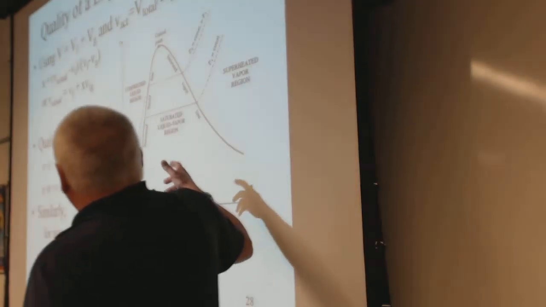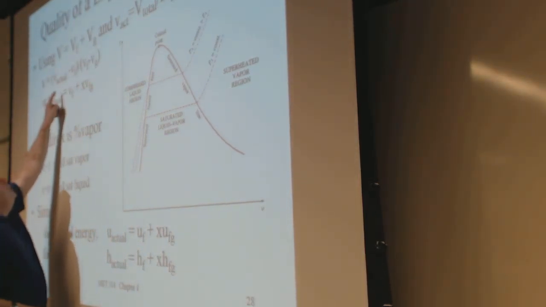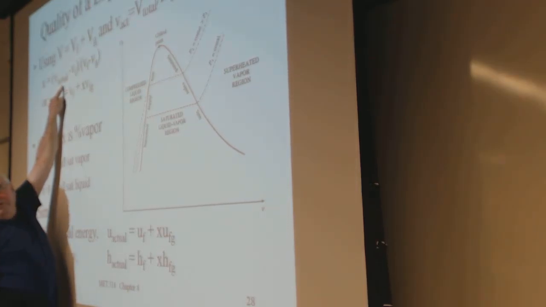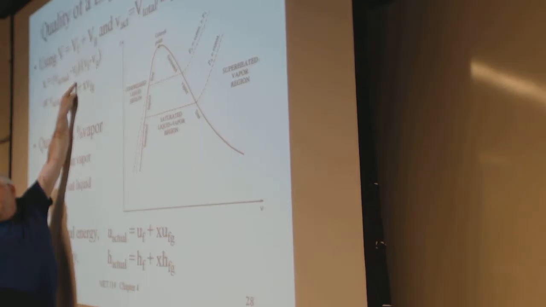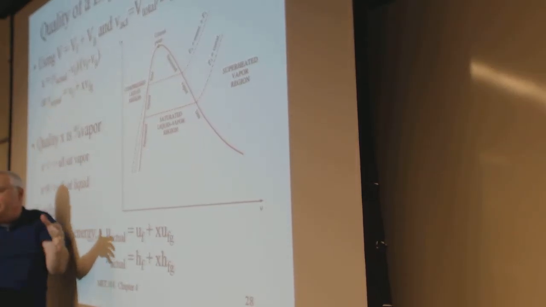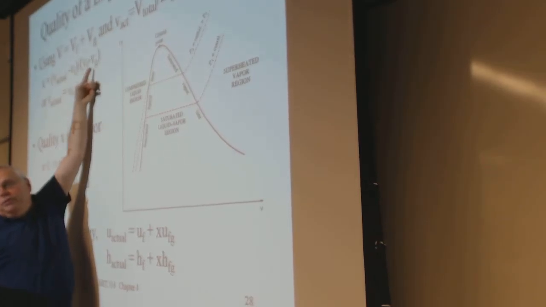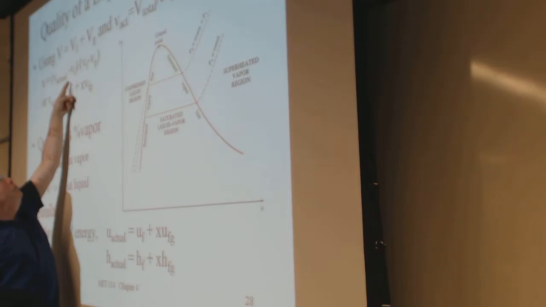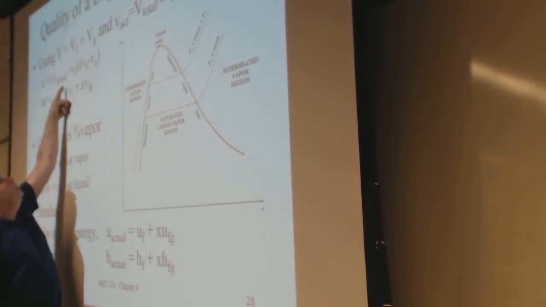So if you know a certain specific volume, the X is going to be the difference. What volume do you have, minus what would the fluid volume be, relative to how far it could go to be all vapor? If all of the mass turned to vapor, this number would be the same as that number, because the volume of the, oh, that's backwards.